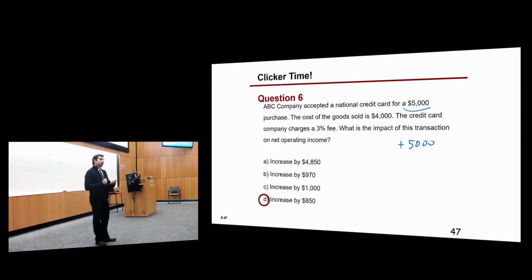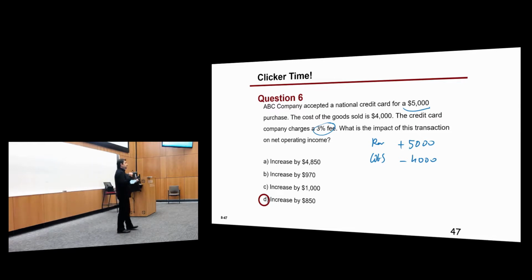Now, the cost of goods sold is an expense, so it's minus 4,000. Then we also have the 3% fee. The 3% fee is always paid immediately. Basically, it's always calculated by multiplying the percentage by the sale. So the fee is going to be 3% multiplied by 5,000.